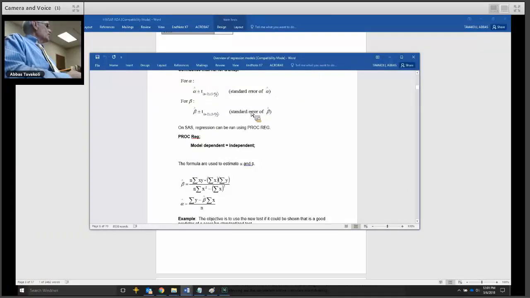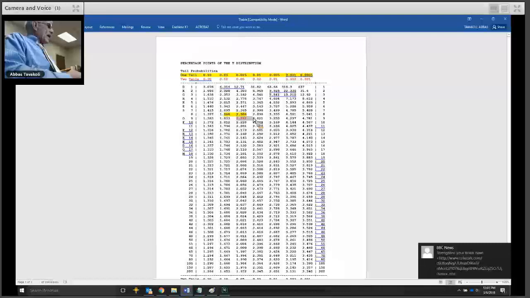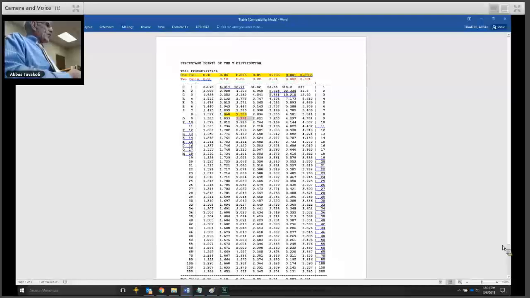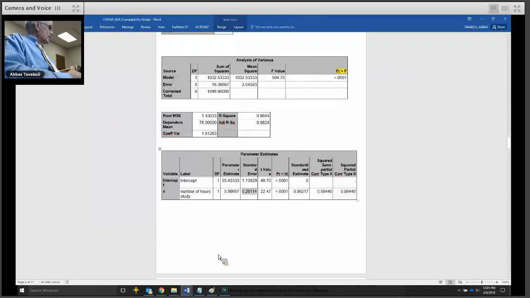You have your standard error, you have your slope. The only thing you need to find is t. You have n here, 10. Again, you go to the table, two sides, and look at the degrees of freedom 8 and the intersection with your 0.05, which is 2.236. With that value, you can easily calculate your confidence interval.